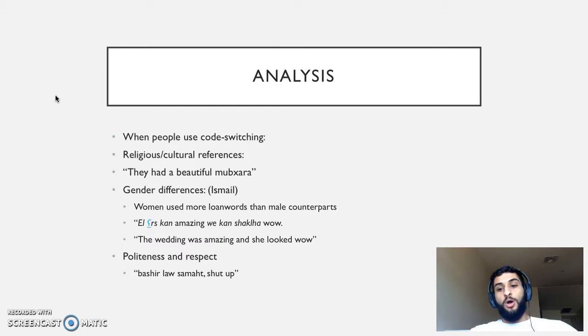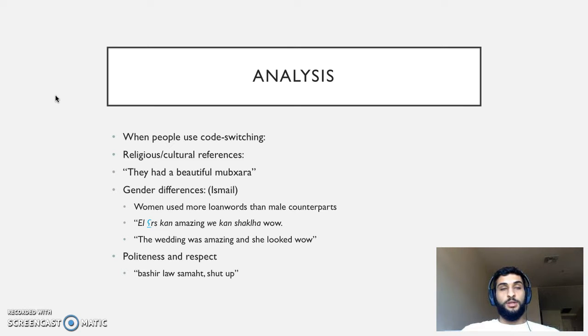Analysis. This is essentially what I researched, and it talks about the appropriate situations where people use code switching. Throughout the various journals that I looked over, there are a lot of different ways that people code switch between English and Arabic. One of them is a religious or cultural reference.